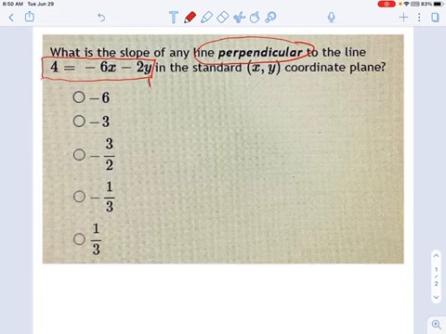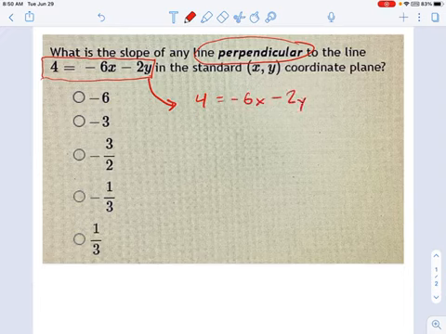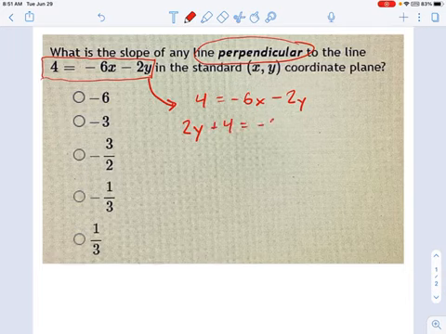Let's talk about this line that we're given an equation for. If you have 4 equals negative 6x minus 2y, we don't normally think about lines this way. We normally have y on the left, and everything else on the right. So I'm going to add 2y to each side, and then subtract 4 from each side, and then divide each side by 2.